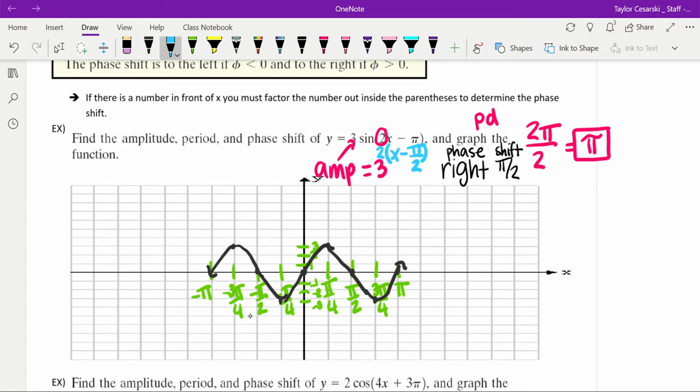So each one is going to go right 2 tick marks. Notice for your x-intercepts, it's going to end up being exactly the same. I'm going to denote that my blue is my final. And so that's what the phase shift will look like.